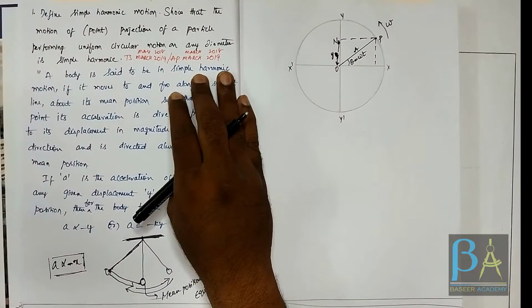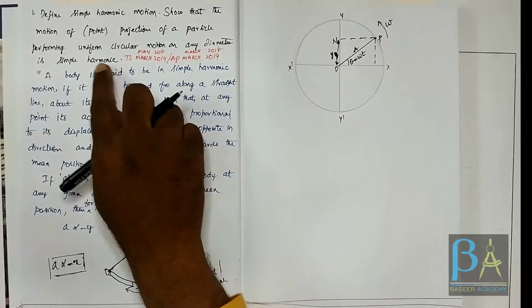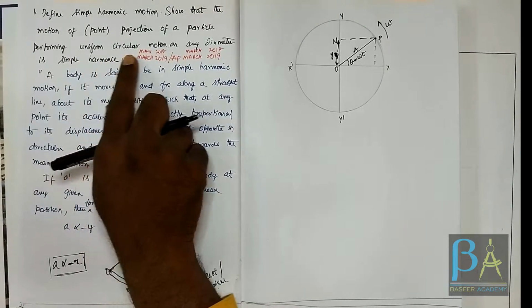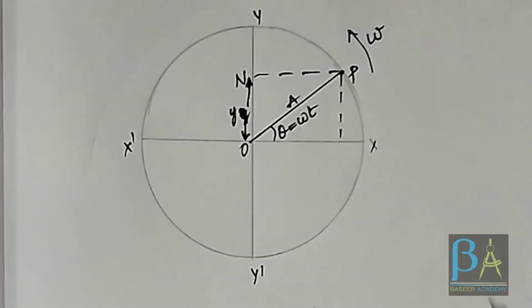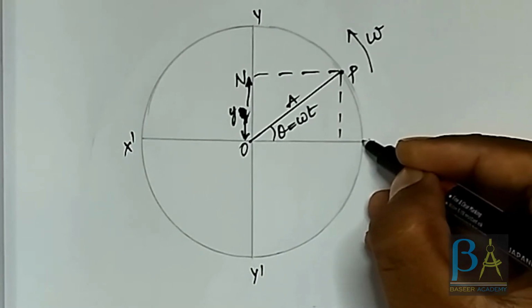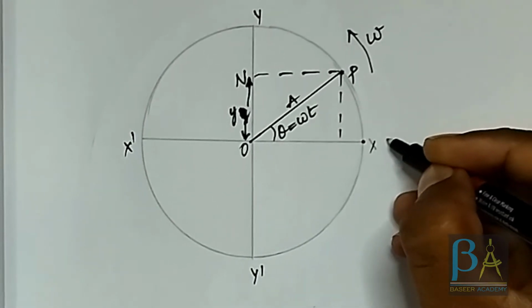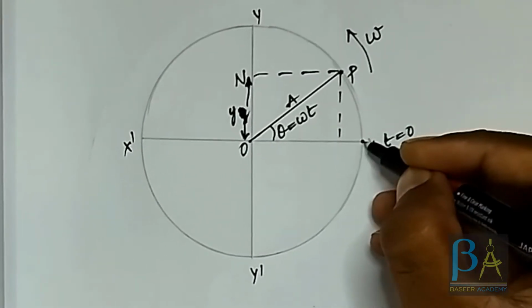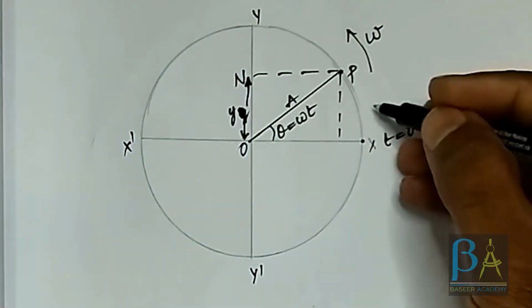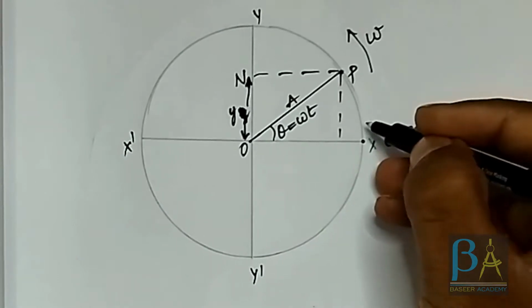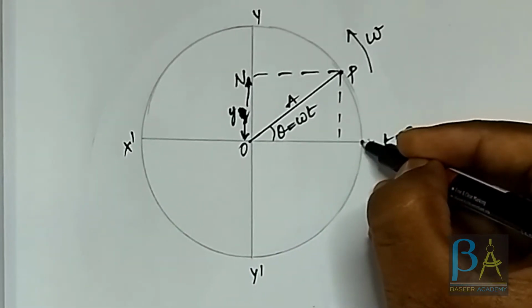Okay, let's start discussing the motion of a point projection of a particle performing uniform circular motion. Now let us say I have a particle here at time t equal to 0, which means it has not started performing the uniform circular motion yet. When the time is 0, let us say the particle is at this point.